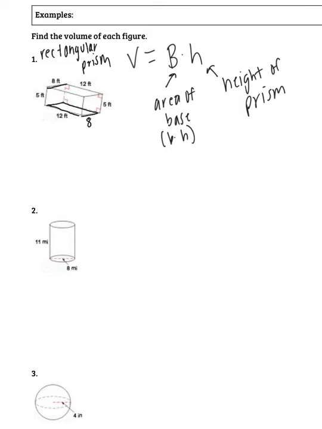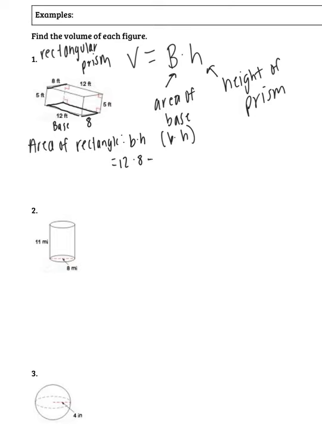Okay, so the area of that base, the area of a rectangle, like we learned in class the other day, is just base times height. So if I'm looking at this as the base, the area would be 12 times 8. I'm going to do 12 times 8 in my calculator, which is 96.